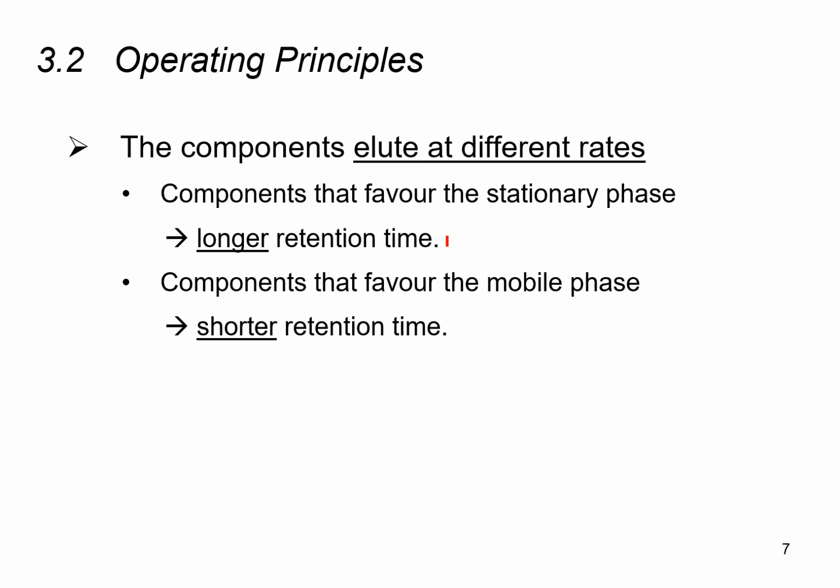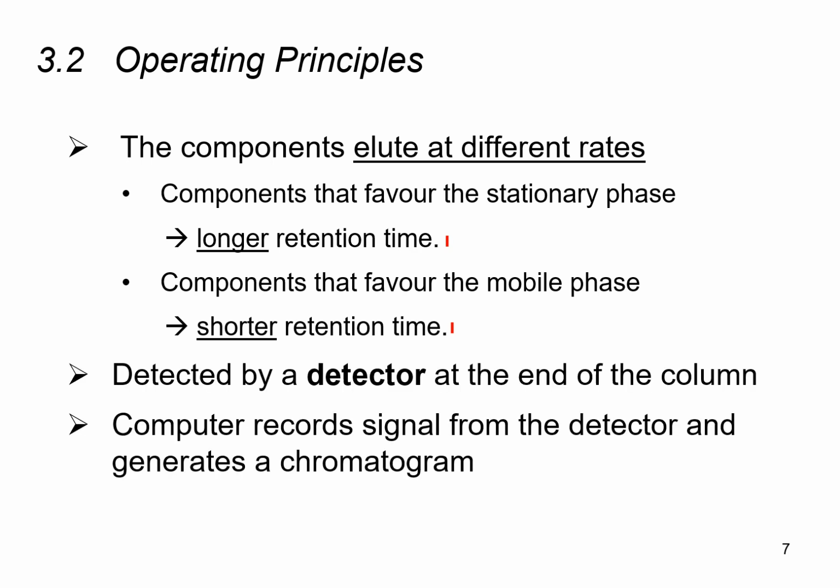Of course, components that don't like to interact with the stationary phase that much and therefore prefer to flow along with the mobile phase, they will certainly leave the column quite a lot quicker, and therefore we say that they have a much shorter retention time. So at the end of the column, of course, each of these chemical components, it doesn't have to be just 2 chemical components, it can be 3, 4, 10 chemical components.